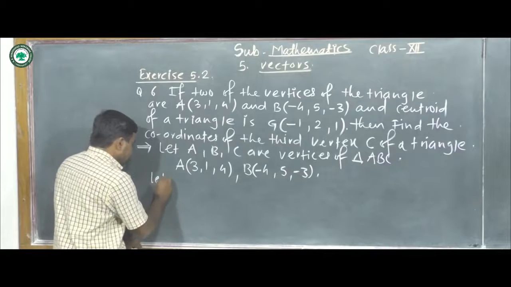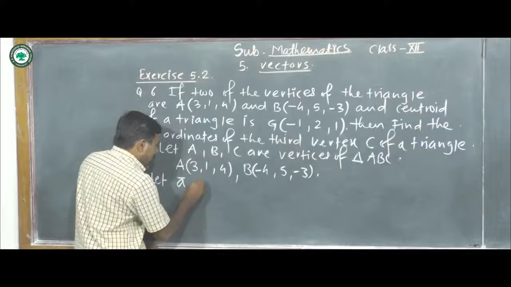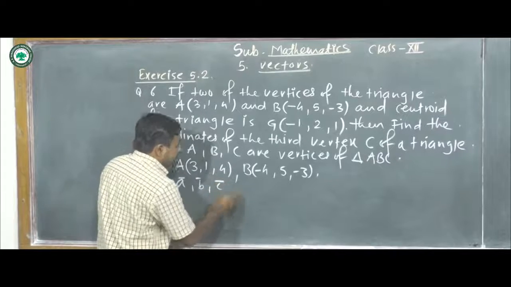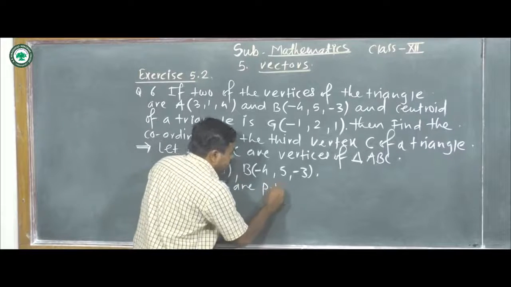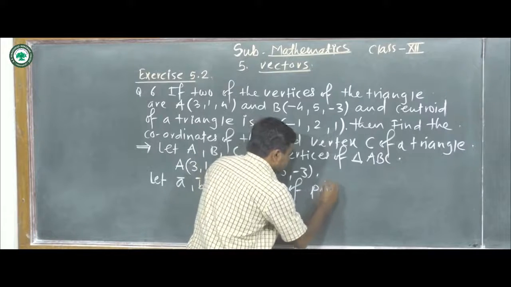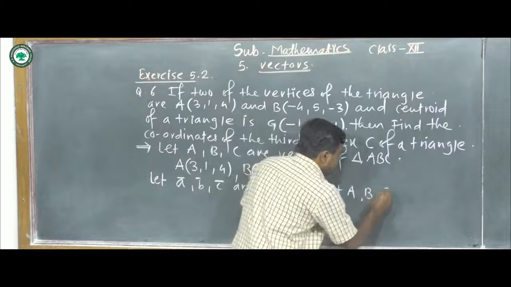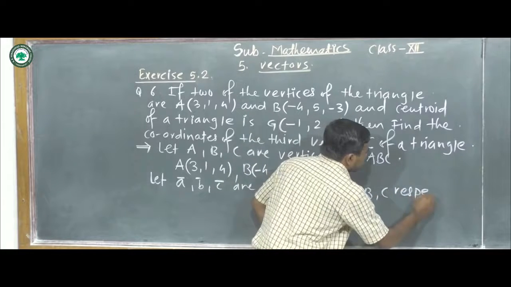Let small a bar, b bar, c bar be the position vectors of the vertices A, B, C respectively.